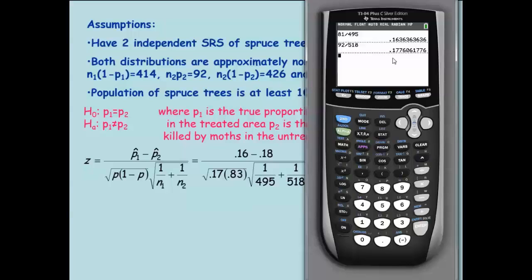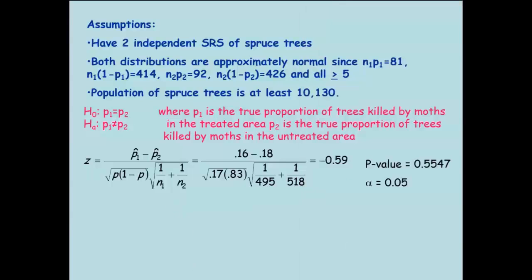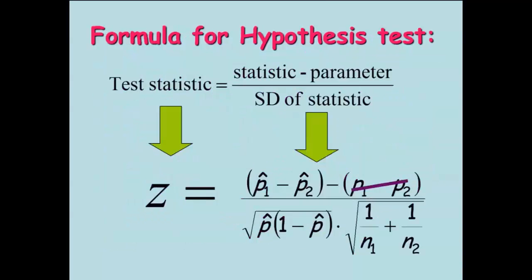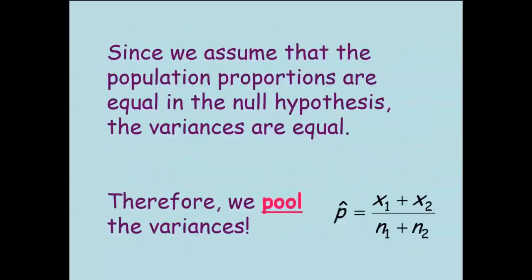And then the question is, where did the 0.17 come from? If you remember, we're going to pool the variances together. So if I pool the variances, can I go back a couple of slides?